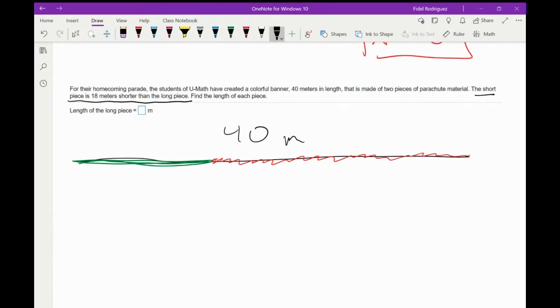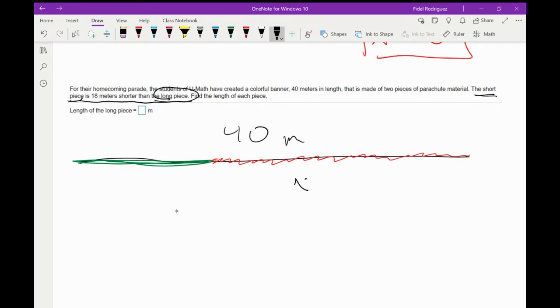So guys, in these problems that are dealing with comparisons, whichever one we are describing, or whichever one we don't know anything about, that's the one we're going to call X, okay? So if you notice right here, we're talking about the short piece, but we're comparing it to the long piece.